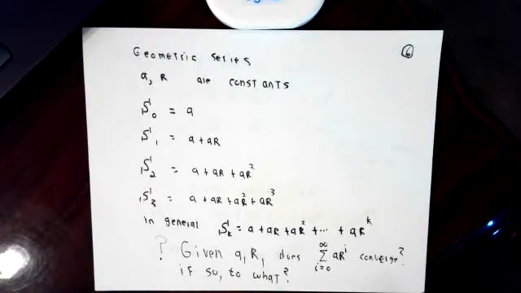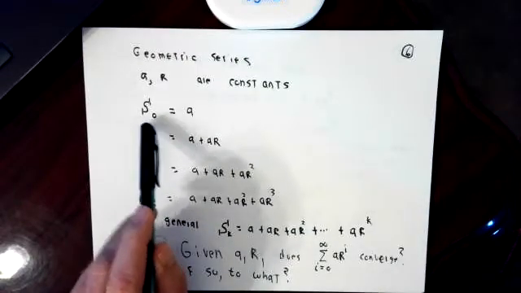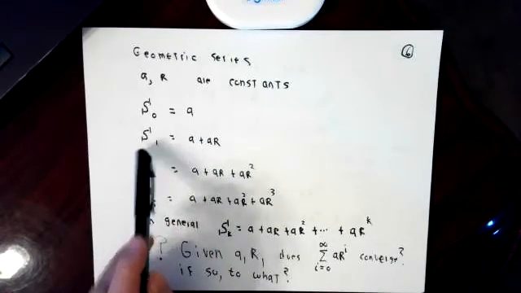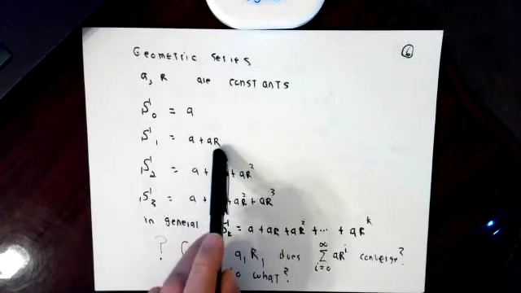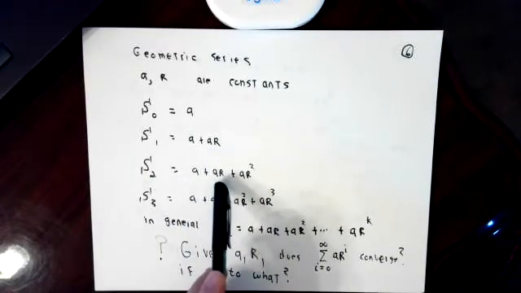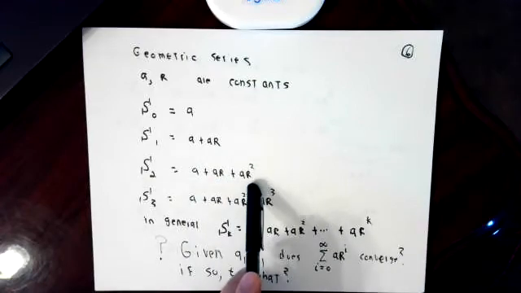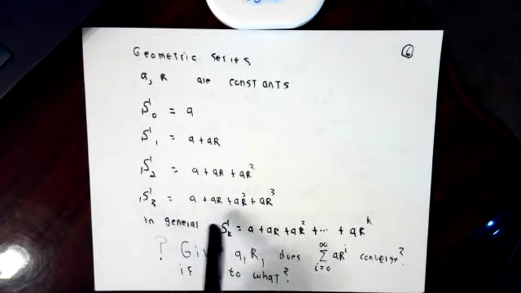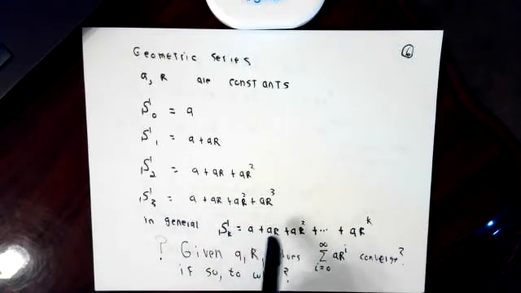We're going to define S0 to just be the constant a. S1 is going to be a plus a times r. S2 is going to be a plus ar plus ar squared. The third one is a plus ar plus ar squared plus ar cubed.